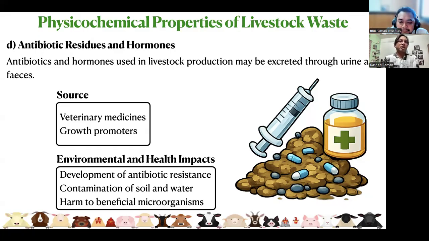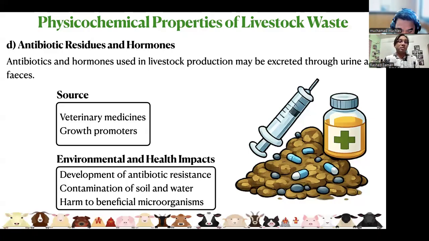Other bacteria of the environment can also get antibiotic resistance. Contamination of soil and water: from a storage area, this waste can easily go to the soil and water if not properly managed, and contaminate nearby soil or nearby water sources.